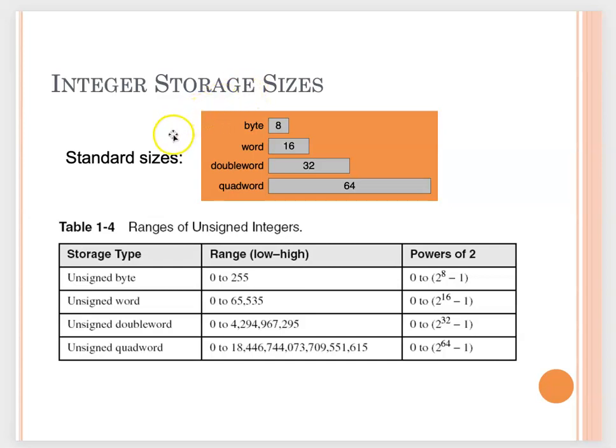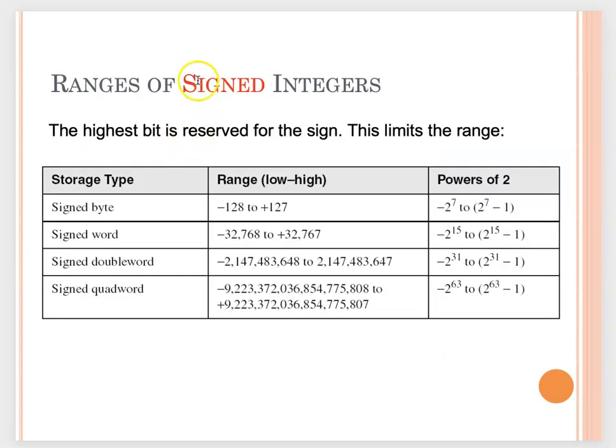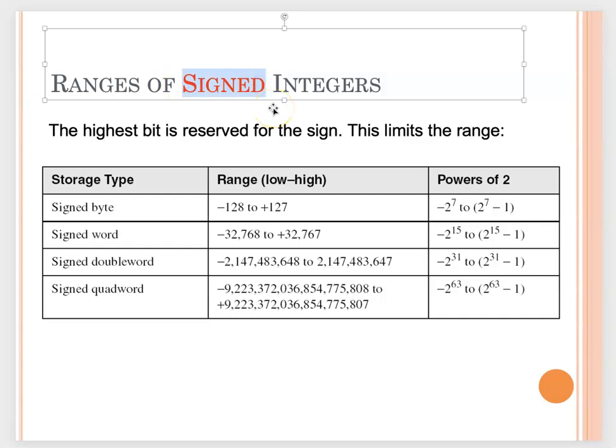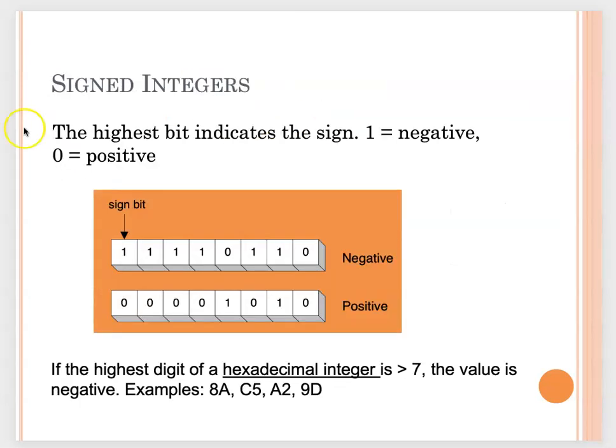But we do have signed values we want to store, right? If you know your integer doesn't need a sign, then you use unsigned. But if the sign really matters, we call that a signed integer. So what is a signed integer? A signed integer uses 1 bit to represent the sign.